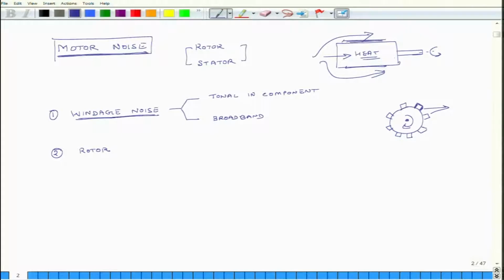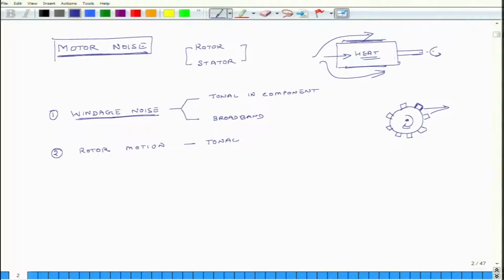So, each time a particular rotor element moves past a certain point, it generates a puff of air, and it depends on the number of these slots and also the RPM, and this rotor noise is highly tonal in nature because of this.